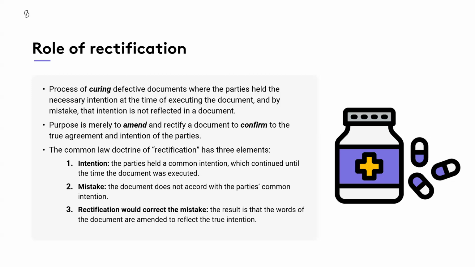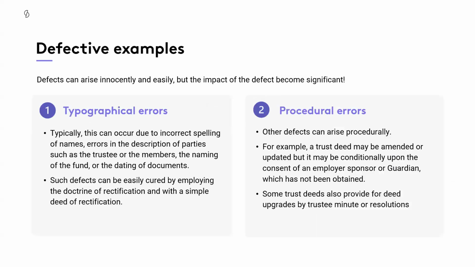Okay, and I'm going to now talk through some of those different errors that we might have, but it is important to understand those three key elements. So what was intended to occur originally, we recognize there's a mistake, and the fact that we're looking to rectify will actually then correct the mistake. So as I said at the very beginning, we see these kind of innocent and innocuous defects that occur when it comes to document production with our SMSF clients.